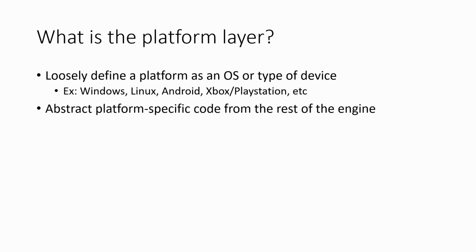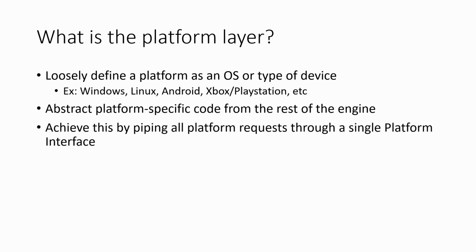And so our platform layer is going to abstract the platform-specific code that each of these things requires from the rest of the engine. So the engine doesn't have to care whether it's running on Windows or whether it's running on Mac, Linux, PlayStation, whatever. And so we're going to achieve this by piping all platform requests through a single platform interface, is what we're going to call it. And you guys will see what I mean by that here in a second.